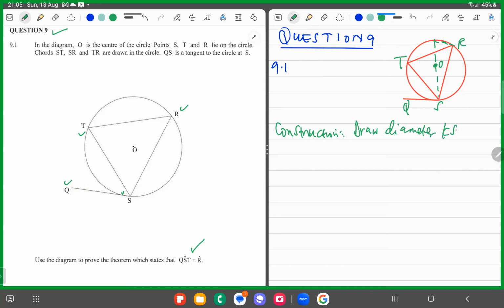Draw diameter KS, and so we have drawn diameter KS. A diameter is the line through the center, joining the points K and S on the circumference. And draw KR, you join the points K and R. So that is the construction there.